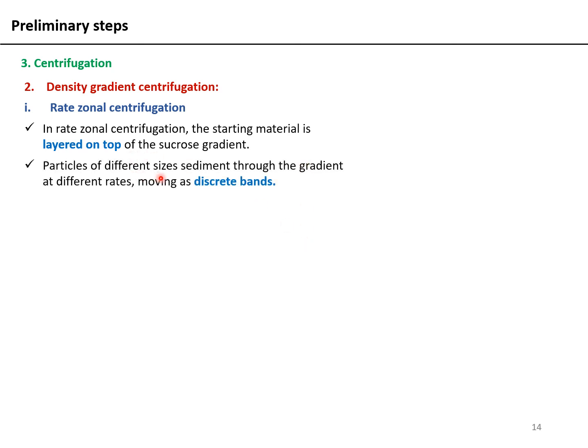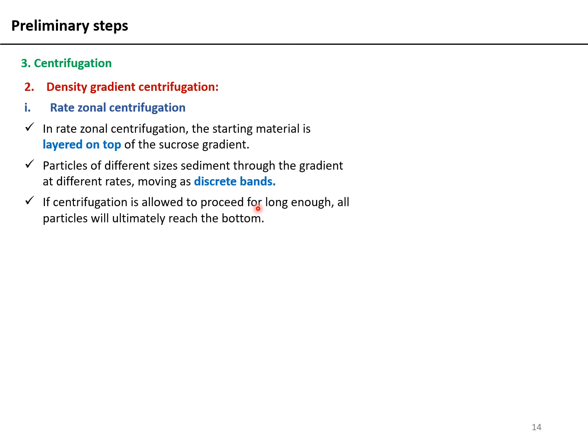Particles of different sizes sediment through the gradient at different rates, and they move in the form of discrete bands. So particles of a specific size will group together to form a discrete band. Particles of a different size will group together to form a separate independent discrete band. And these particles move in the form of these discrete bands through the gradient.